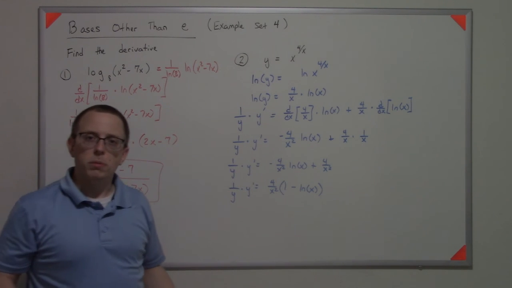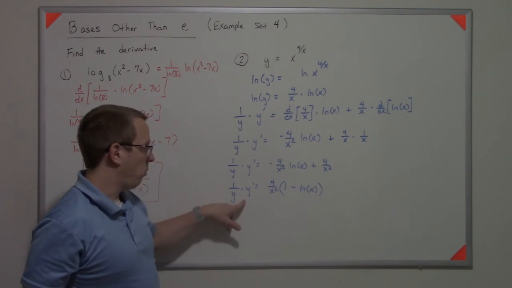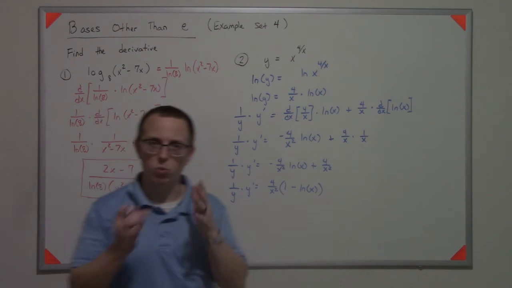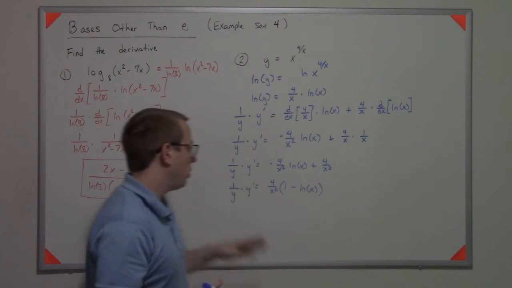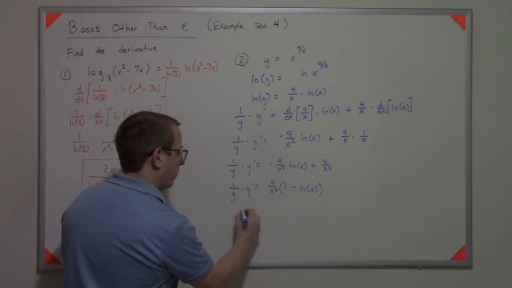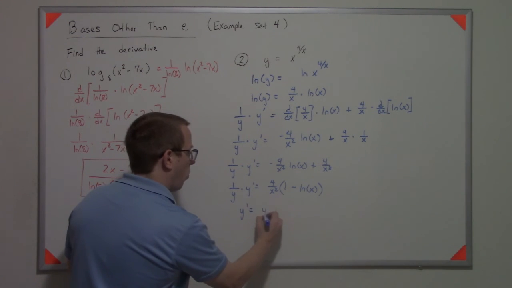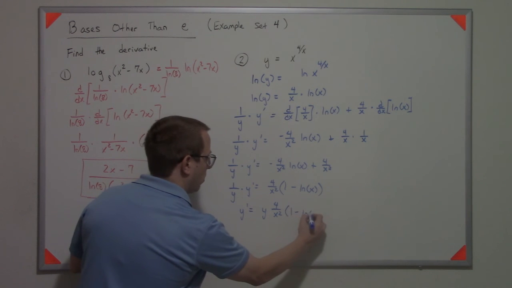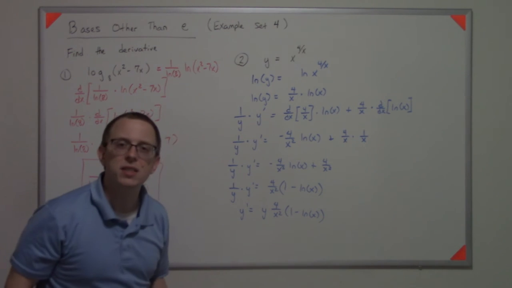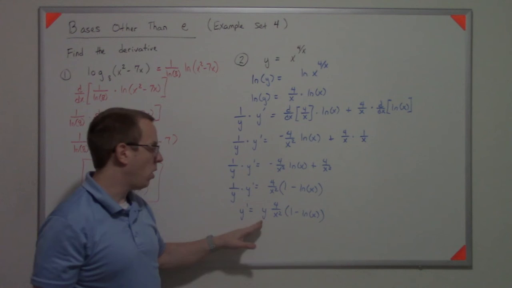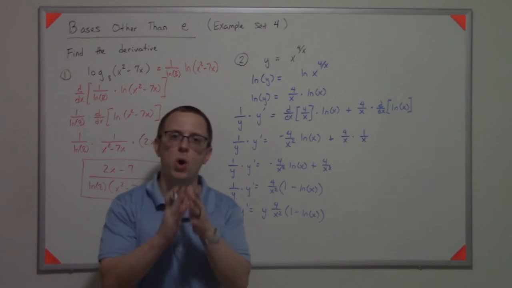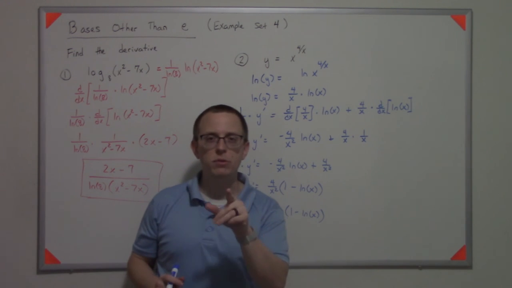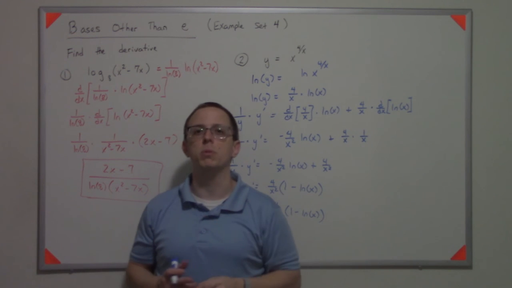But here's the problem. We have this 1 over y times y prime. What we really want to get is y prime by itself. So I can multiply the y over and say that's y times 4 over x squared, 1 minus natural log of x. That's really unsatisfying because I have y prime in terms of y. I want y prime in terms of x. So what I have to do is go back to the original problem statement.